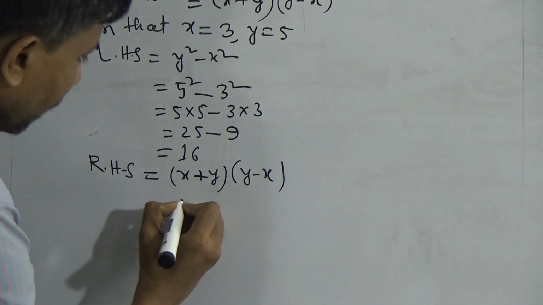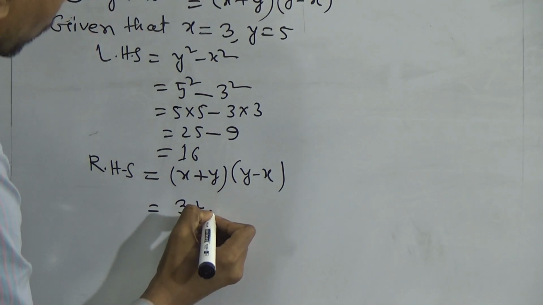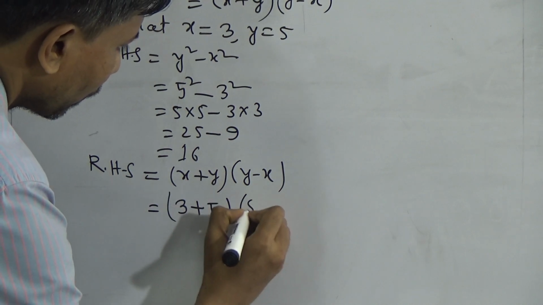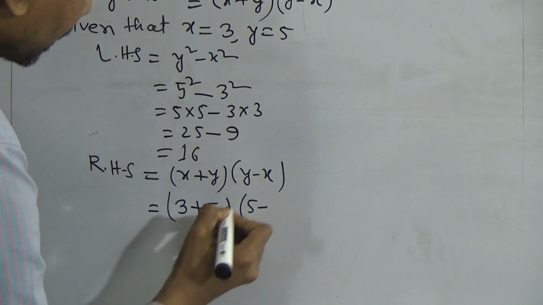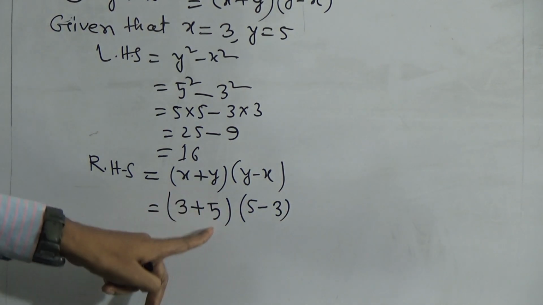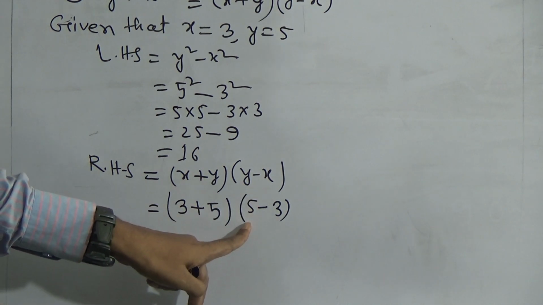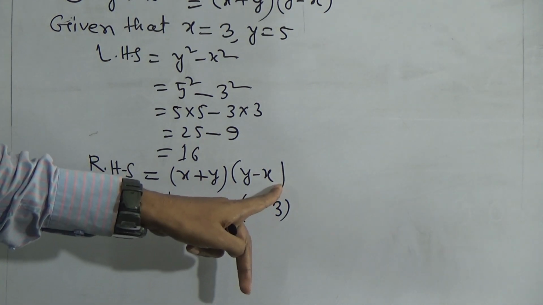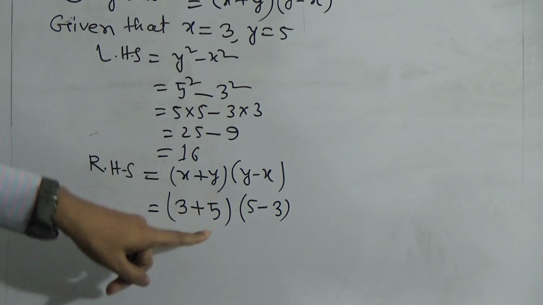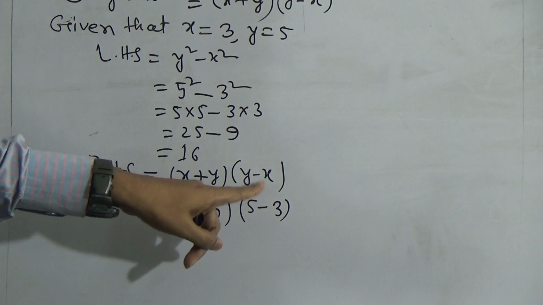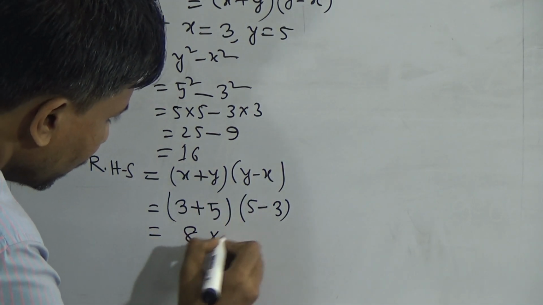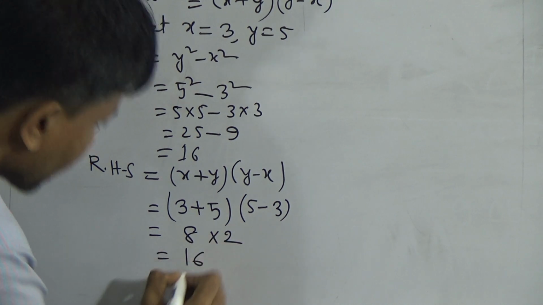X equal to 3, plus y equal to 5, y equal to 5 minus x equal to 3. Now 3 plus 5, 8 into 2, 8 twos are 16.